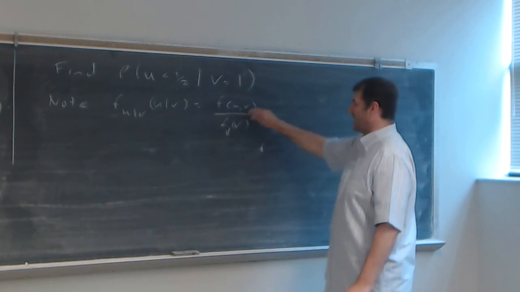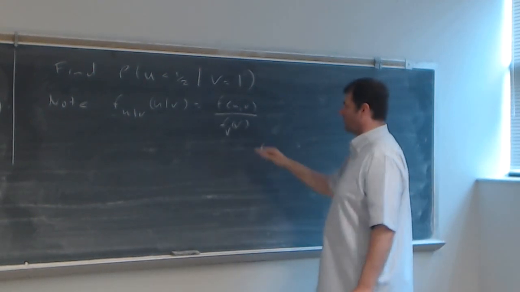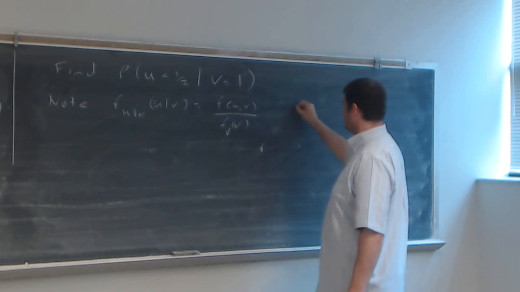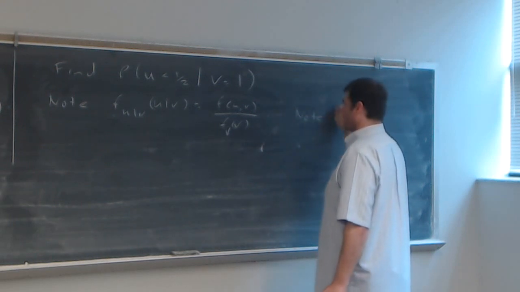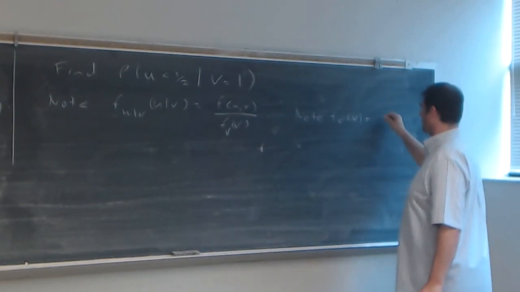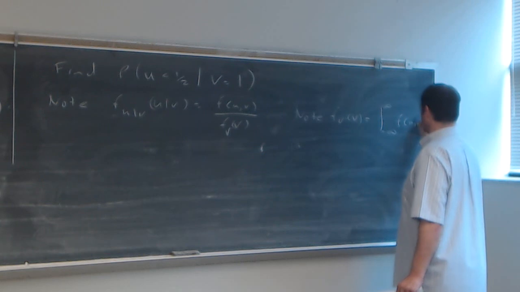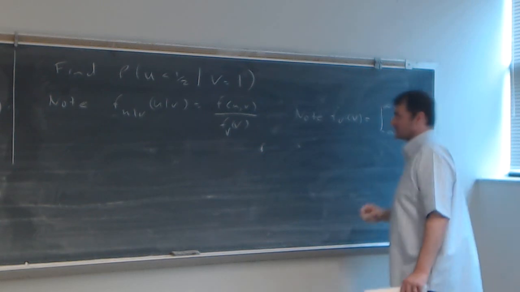Well, we have the joint PDF given to us, but I don't have the PDF of v. So note, f sub v of v is going to be equal to the integral from minus infinity to infinity of f of uv, integrating with respect to u.